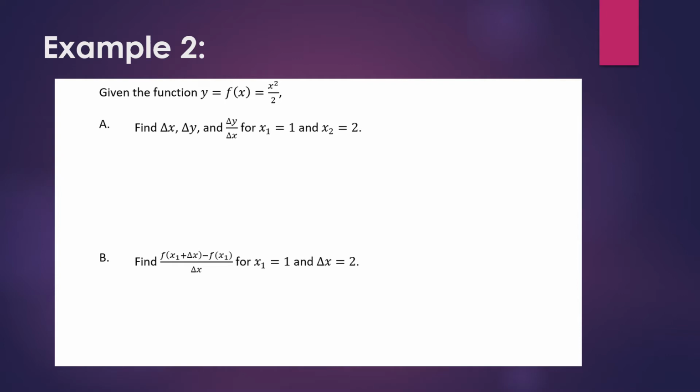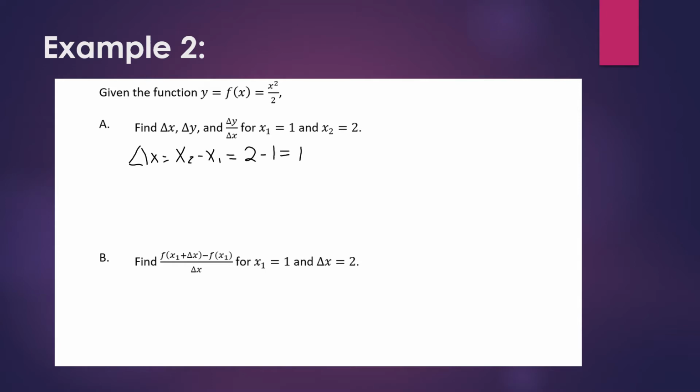In example 2, it says that y equals f of x, which is equal to x squared over 2. And for part A, they want us to find delta x and delta y divided by delta x when x1 is 1 and x2 is 2. So starting with delta x, it is going to be equal to x2 minus x1, which is 2 minus 1, which is 1.